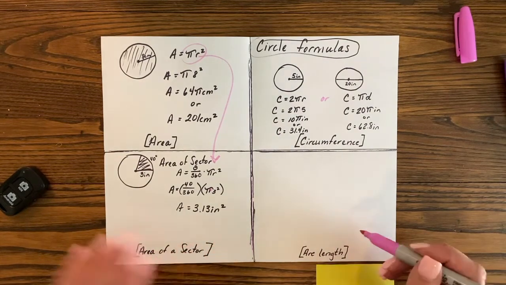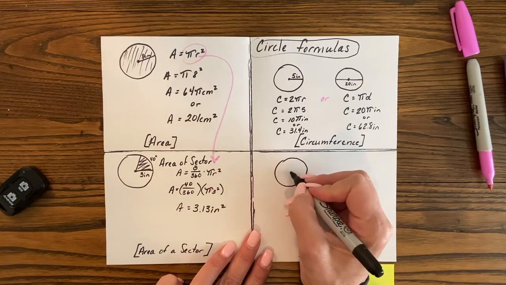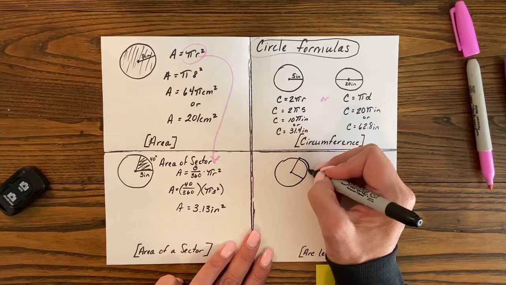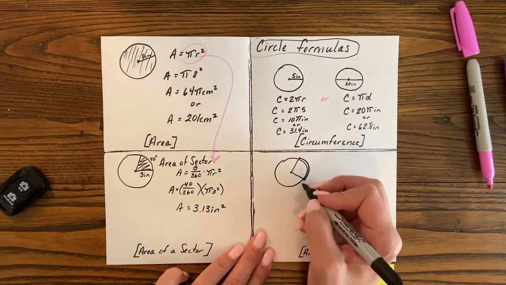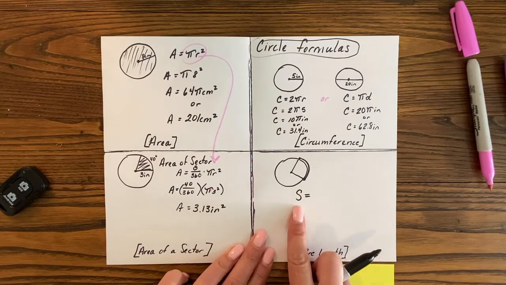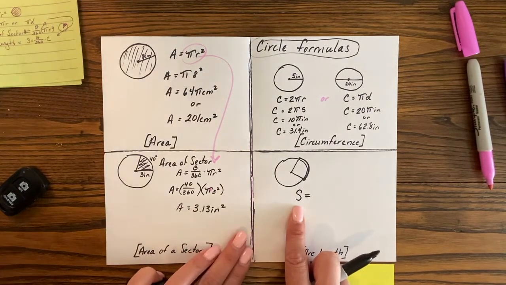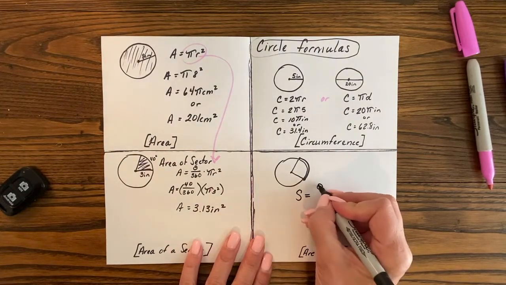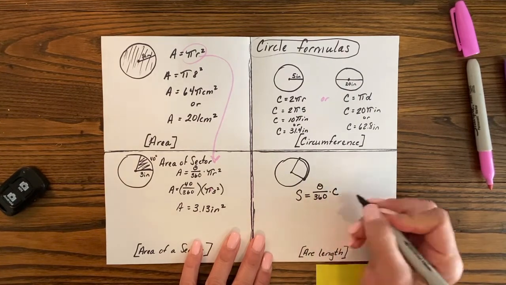Now we are going to find arc length. Our arc length is the distance from one point of our circle to the other. The formula that we're going to use here is S equals theta divided by 360 times our circumference.